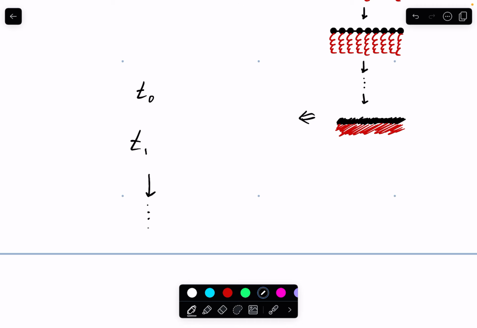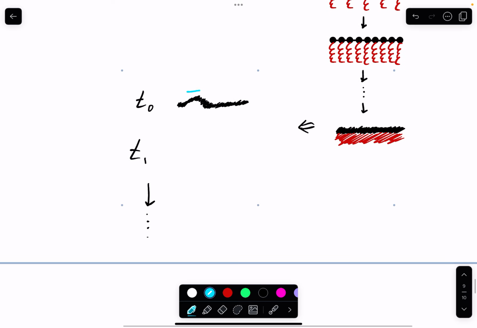So there can be some kind of initial oscillation, or excitation rather. And if it has this kind of momentum, then it's going to move like this.